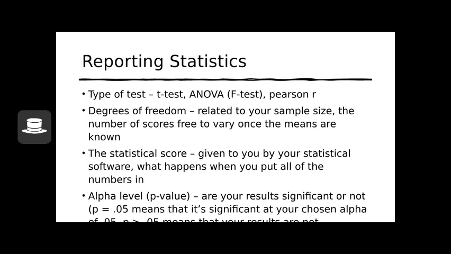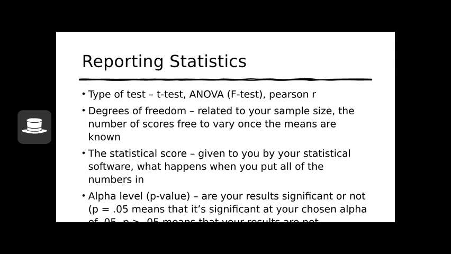The statistical score, so whatever statistic that you're doing, right? If you're doing the t-test, you put all those numbers into the formula, or rather the computer software puts all the numbers into the formula, and it's going to give you a number. And then you also need to know what alpha level you're starting with. So if your results are significant, then you're going to say P equals 0.05.